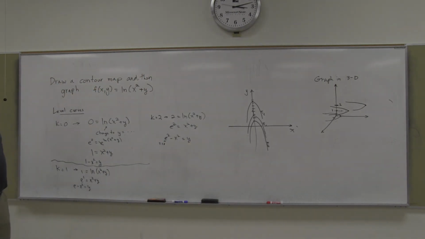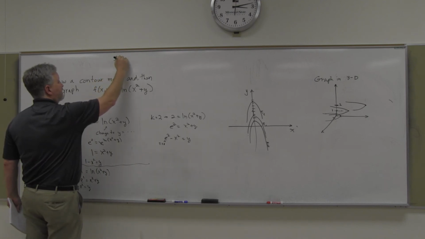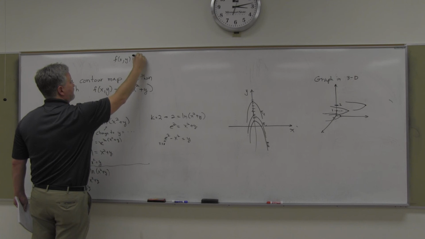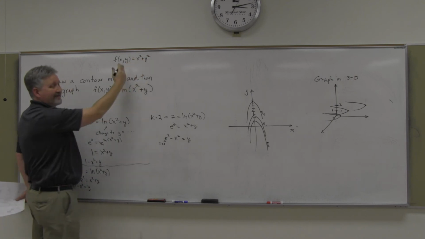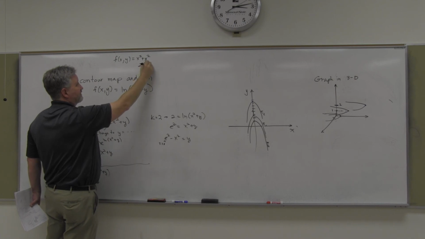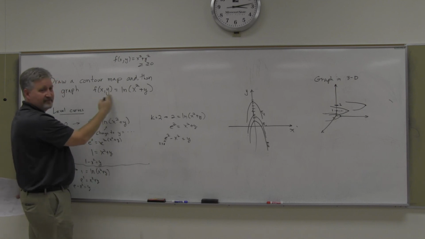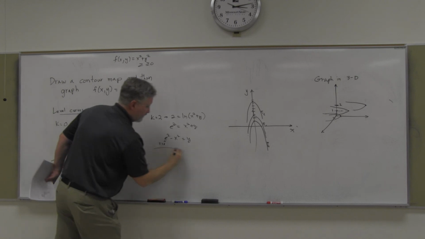Now, this one's different than our previous one, because there we had f of x, y equals x squared plus y squared, and z can't be less than 0. z's got to be greater than or equal to 0. Here, can z be negative? Sure can. So let's think about that. What happens here?